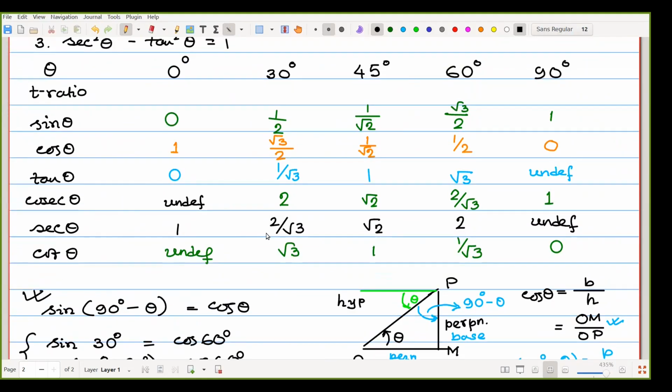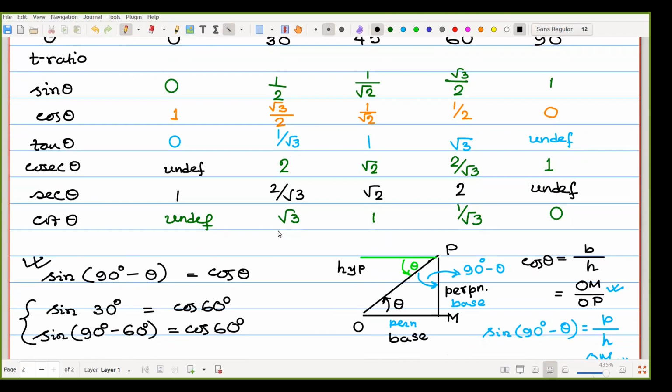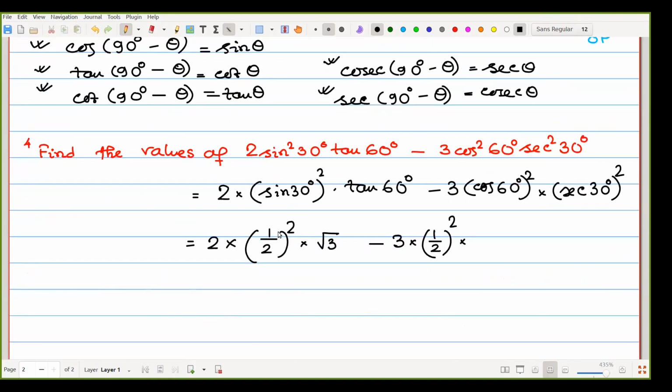So sec 30 degree is equal to 2 by root 3. So put the value, that is 2 by root 3 whole square. Using the values, we have 2 into 1 by 4 into root 3 minus 3 into 1 by 4 into 4 by 3.